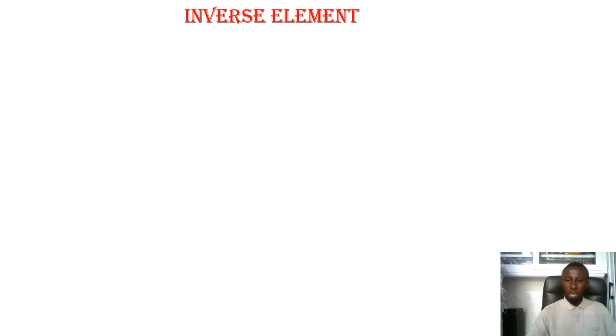Our next property is the inverse element. Since we are done with the identity element, we can deal with the inverse element.